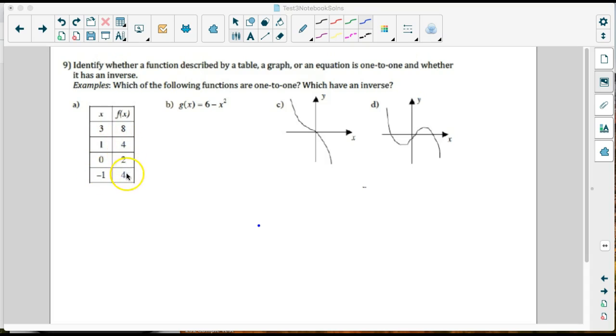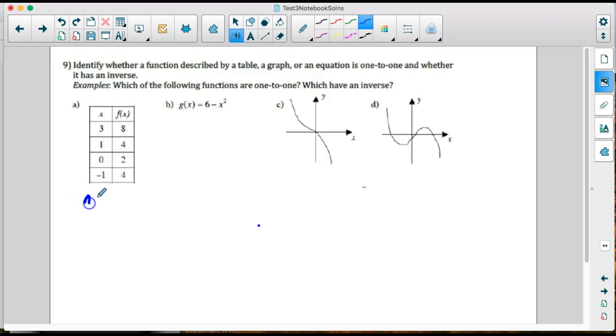And in this case, A is not one-to-one because of the 4 value being mapped back to two different x values. It's not one-to-one because if we define 1, we know that's 4. We should also be able to define -1 as something different because it's got to go to a single value.